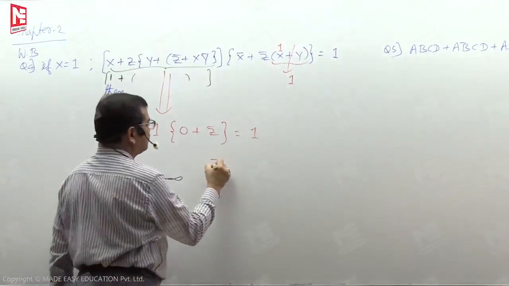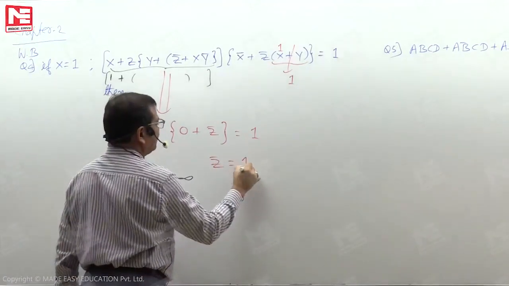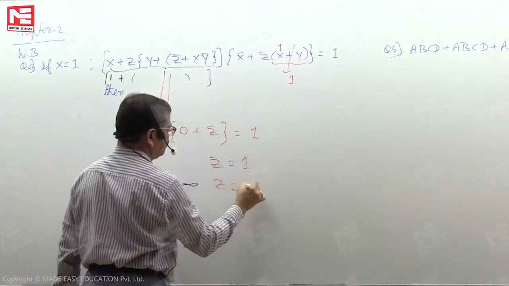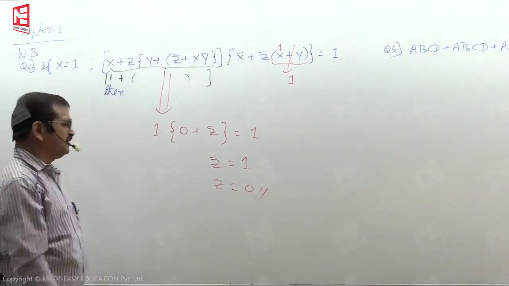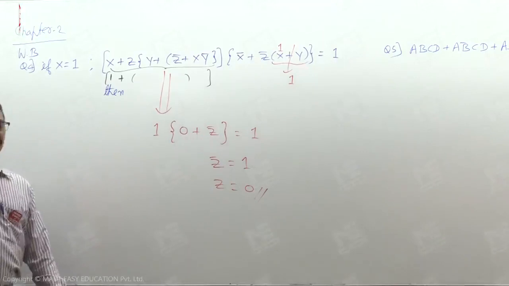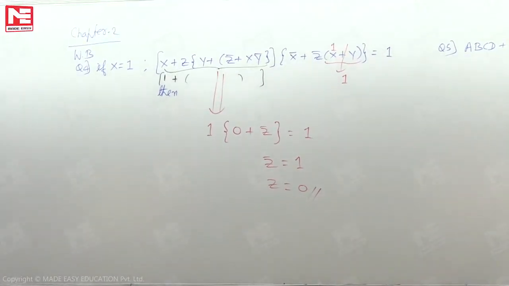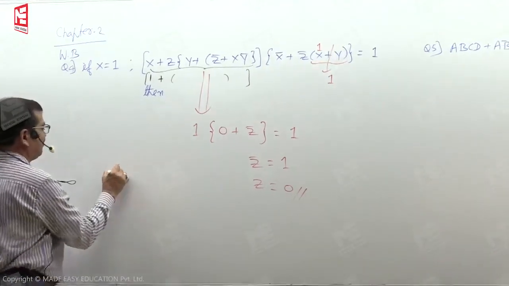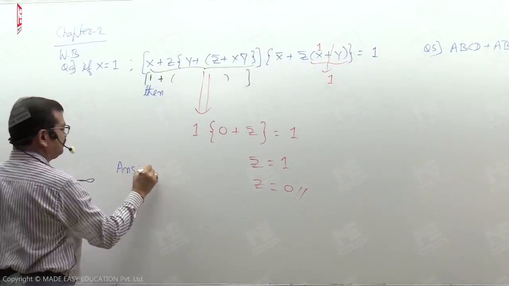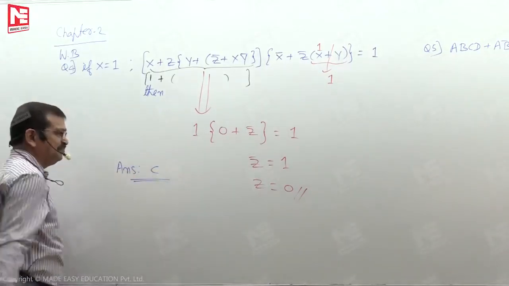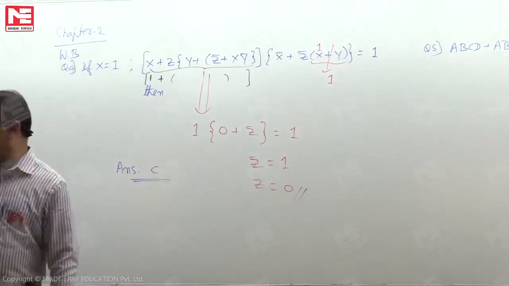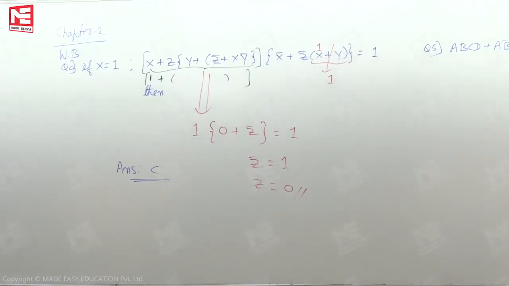Based on this, z must be 0. Hence, from the given options we check, the answer to this question must be option C. Similarly, let us come to the next question.